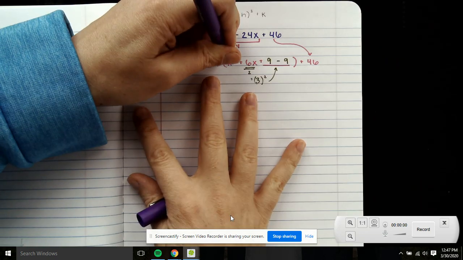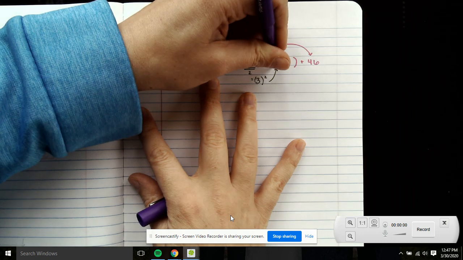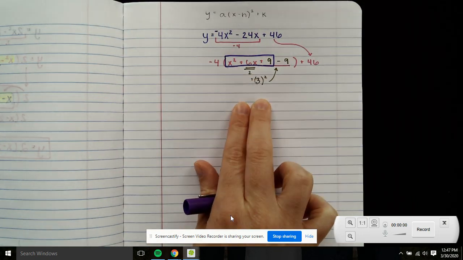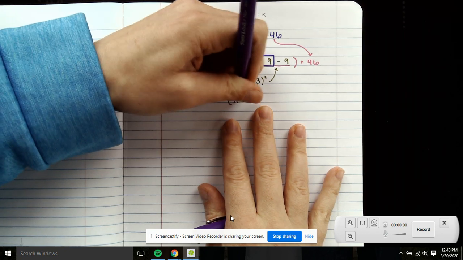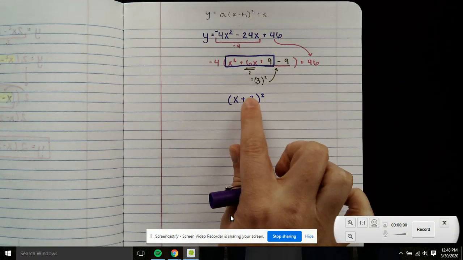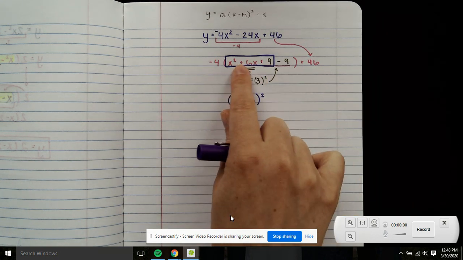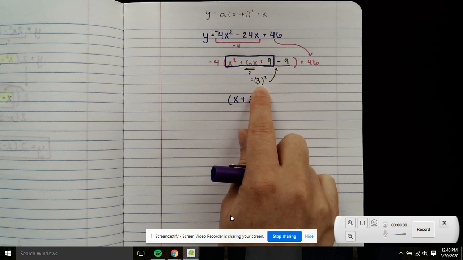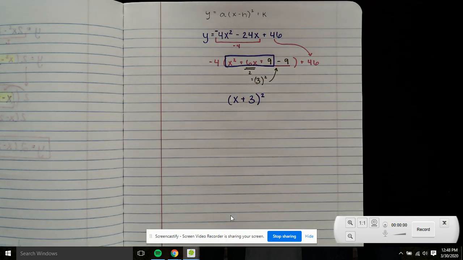However, this here is my perfect square trinomial. And that can be rewritten as x plus 3 squared. Keep in mind I'm getting that plus 3 because 6x divided by 2 gives me that positive 3. 3 squared goes into 9.